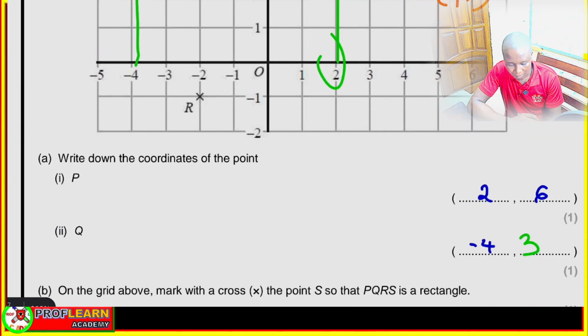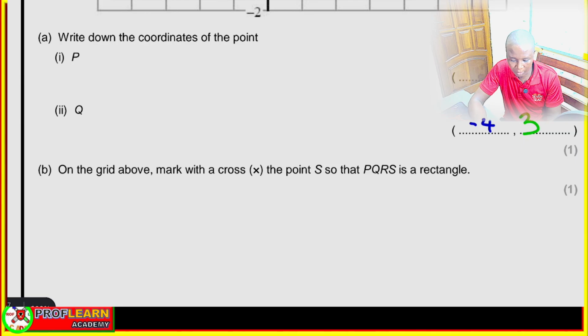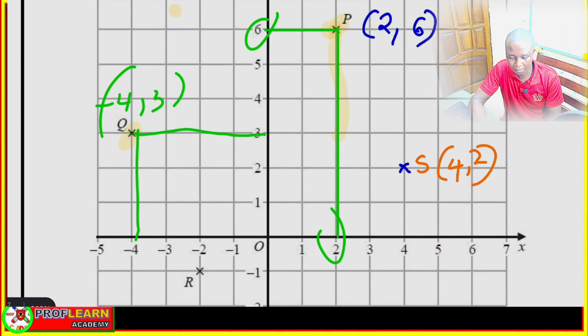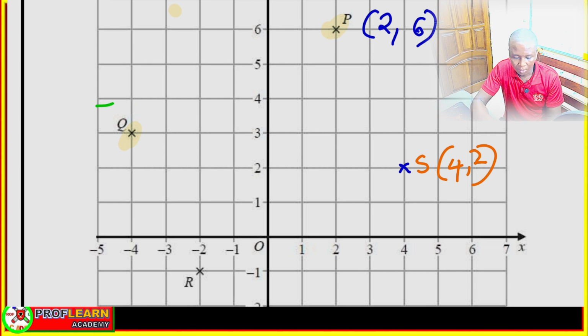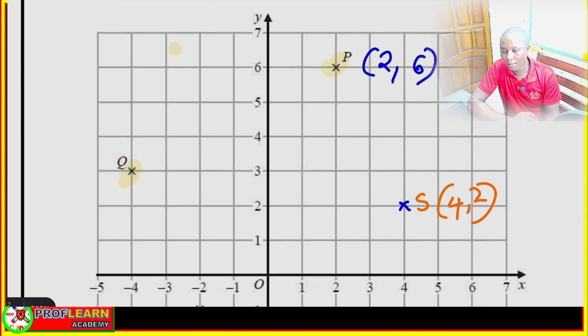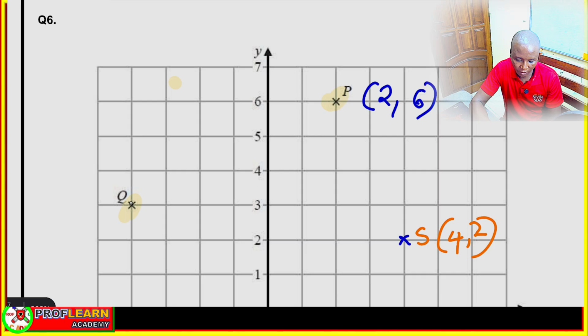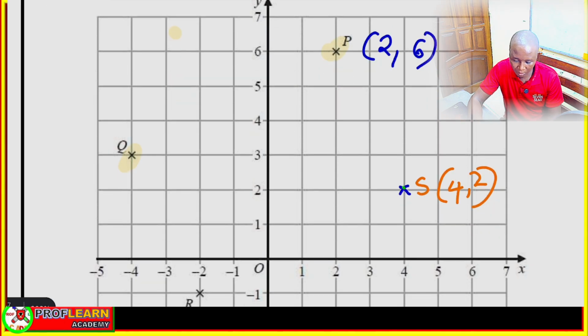Then you are supposed to plot, put a cross so that the figure we have here could become a rectangle. So if you just join, like for instance, I identified my x will be somewhere here.